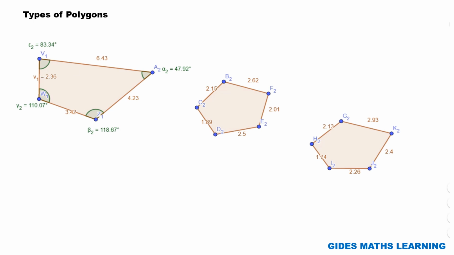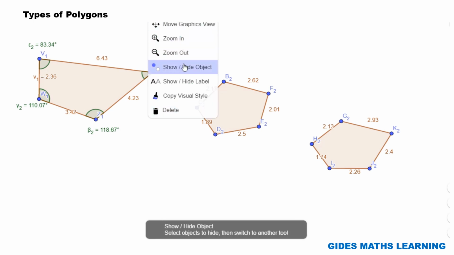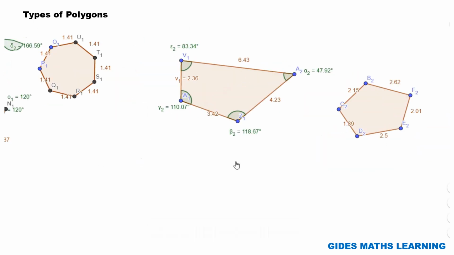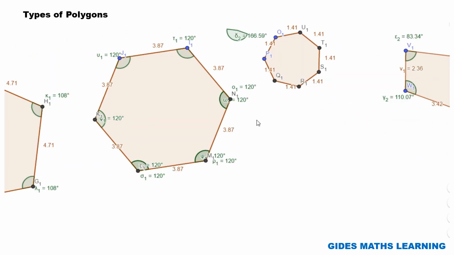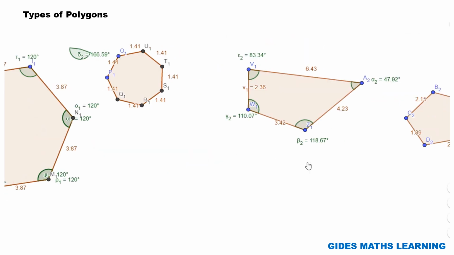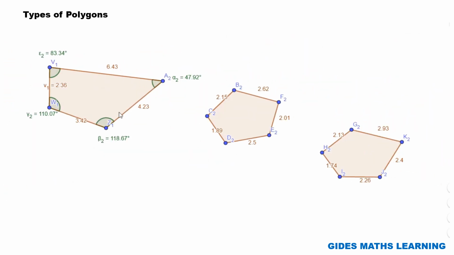But for regular polygons, the sides are the same in length, and the interior angles are also the same. But for irregular polygons, the sides are not the same in length. At the same time, the interior angles are not the same in size.